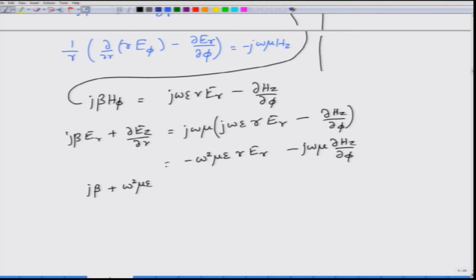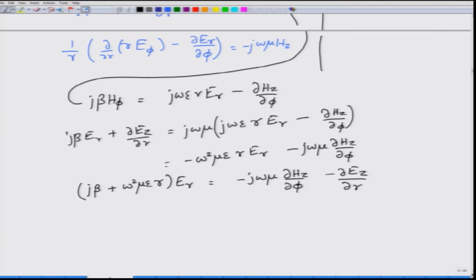There is an r E r here. I hope that I have got the r E r components correctly. So, I do get this whole thing times E r must be equal to minus j omega mu del Hz by del phi. There is also minus del Ez by del r. Okay. So, you get minus del Ez by del r.